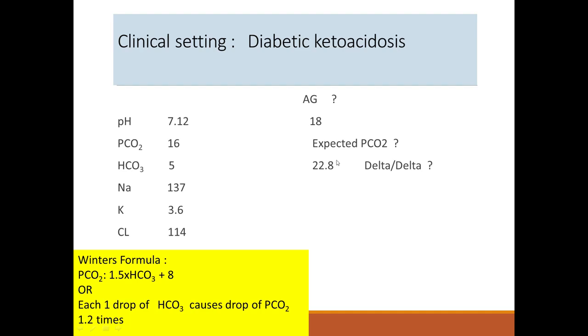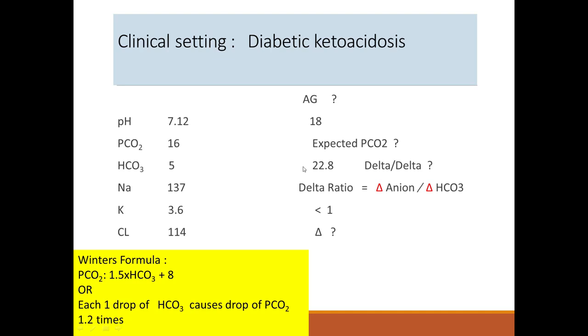If I deduct this from the 40, we get the expected PCO2, very near to that. So this is adequate compensation of PCO2 with the high anion gap metabolic acidosis.